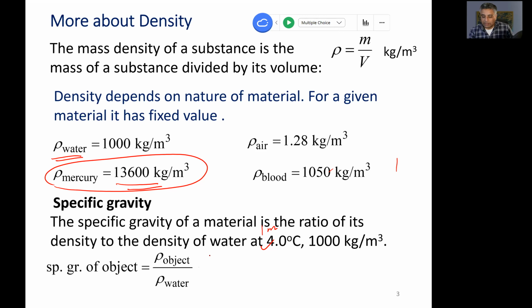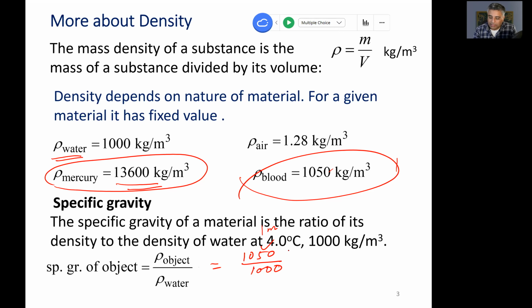Let's say the object is blood. The density of blood is 1050 and the density of water is 1,000, and both of them have the same unit. That means this and that are going to cancel, giving us just a number.